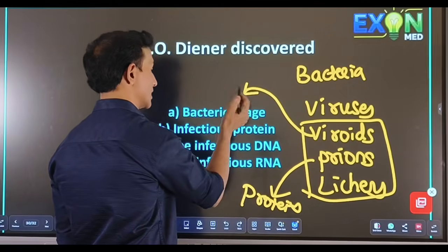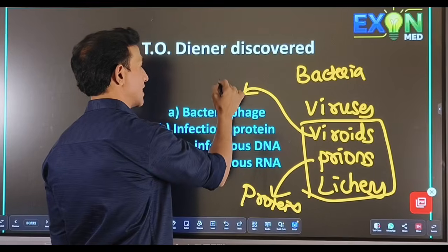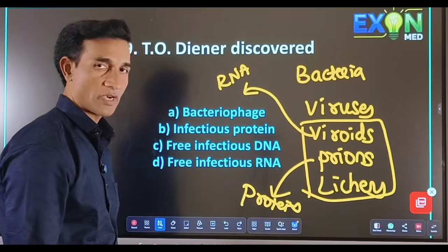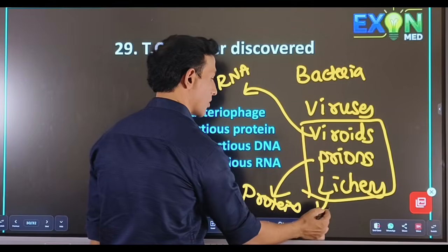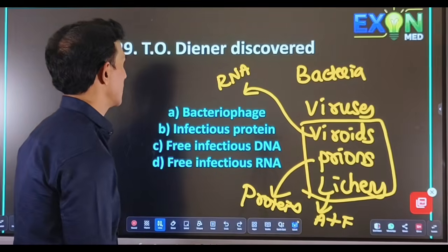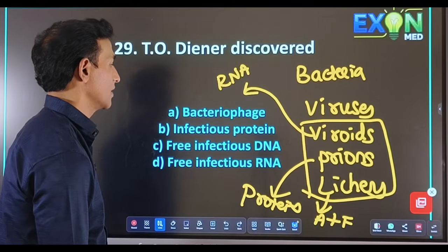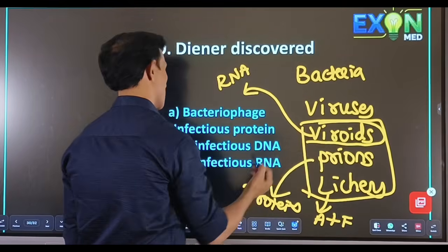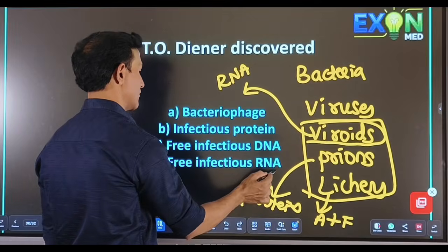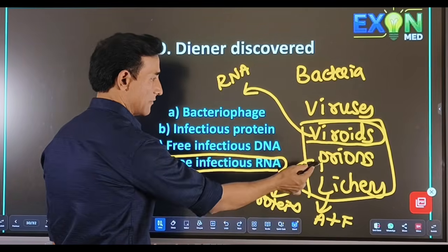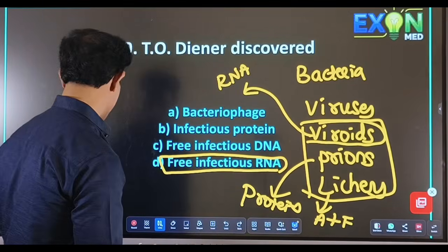Infectious RNA is called viroids. And we know lichens are the combination of algae plus fungi. Now the answer here, T.O. Diener discovered viroids, which contain free infectious RNA. Infectious proteins are called prions.